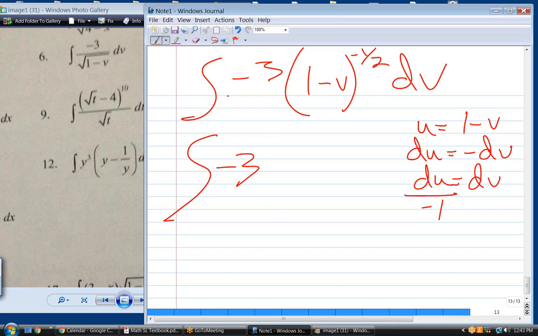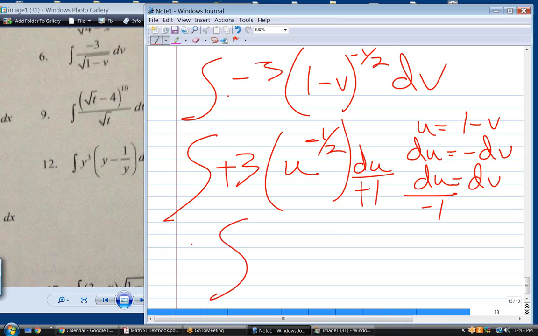What's the rest of it? u. What does dv become? du over minus 1. Now these negatives cancel. I can take that 3 outside, and I'm left with this.